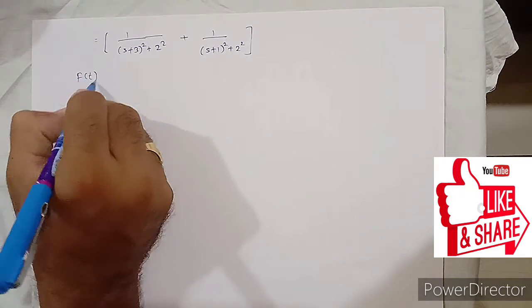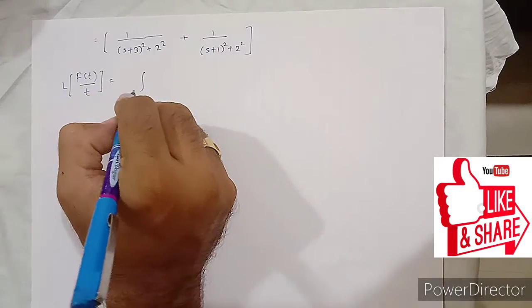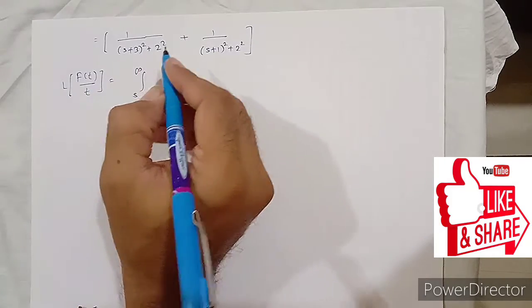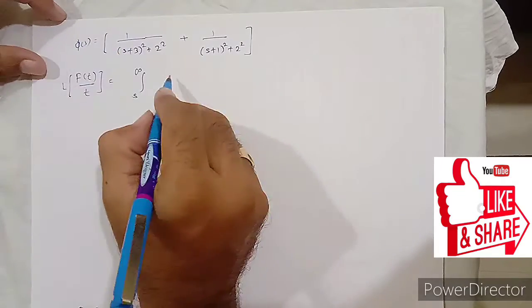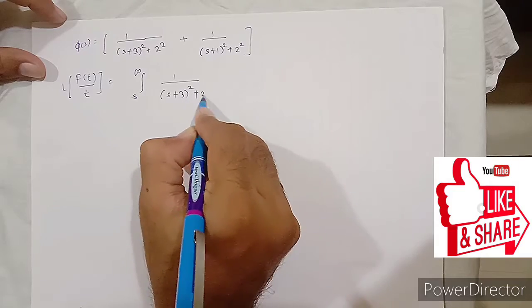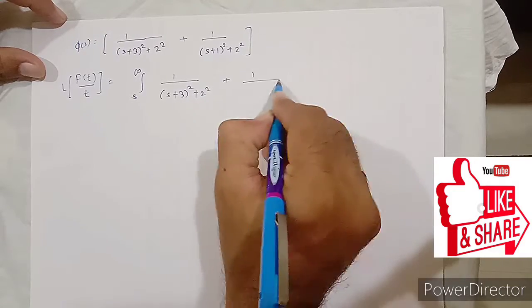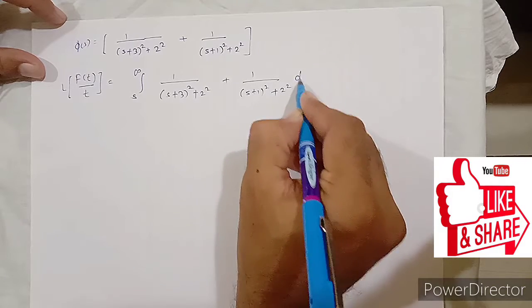When f of t is divided by t, at that time we use the integration from s to infinity of phi of s. What is the phi of s? This is our phi of s, right? So phi of s is as it is: (s plus 3) bracket square plus 2 square and (s plus 1) bracket square plus 2 square, right guys?